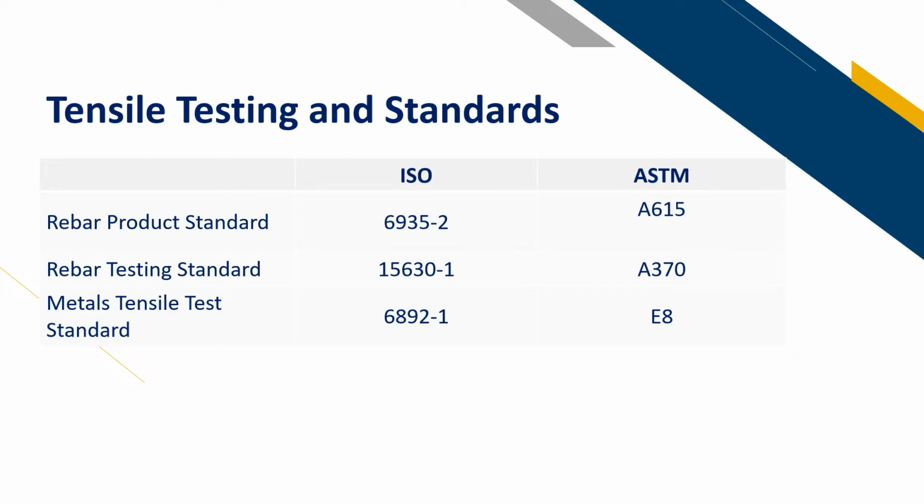And for the rebar testing standard, the code in ISO is 15630-1, and in ASTM, the equivalent is A370. And for the metal tensile test standard under ISO, it has a code of 6892-1, and the equivalent in ASTM is E8. So basically, we have two standards that govern the tensile test of rebar products, under ISO and ASTM.